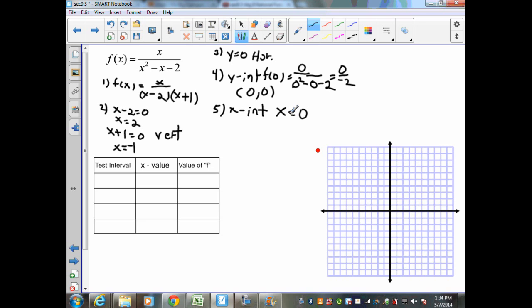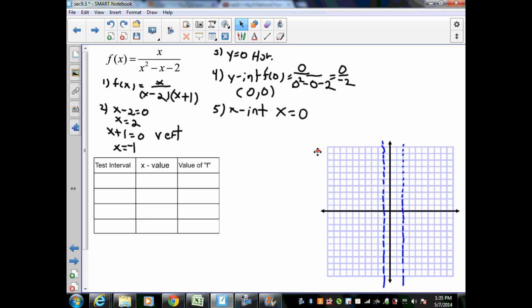Now what I can do is plot some of the information I already have. I have vertical asymptotes at 2 and -1. And I determined that I have an x-intercept and a y-intercept at (0, 0).